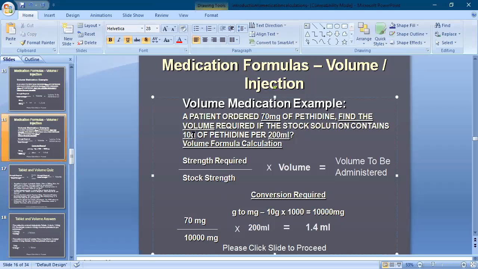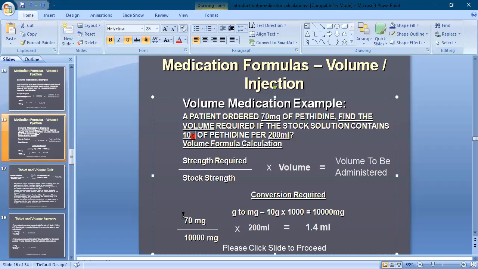Gram is the biggest unit, but I said all the time we have to use the same unit. So gram has to be converted to milligram. So 10 gram multiplied by 1000, because 1 gram equals 1000 milligram. So 10 gram equals 10,000 milligram.